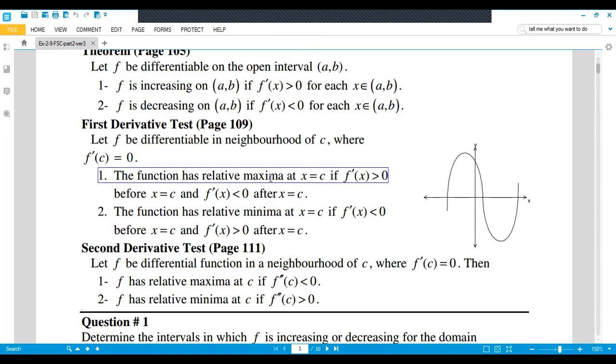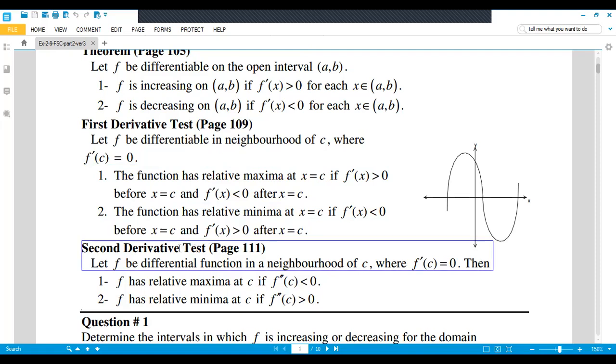The function has a relative maximum at x equal to c if its first derivative is greater than 0 before x equal to c, and the first derivative is less than 0 after x equal to c. The function has a relative minimum if its first derivative is less than 0 before and greater than 0 after. Check it. Maximum when its first derivative changes from greater than 0 to less than 0, minimum when it changes from less than 0 to greater than 0.